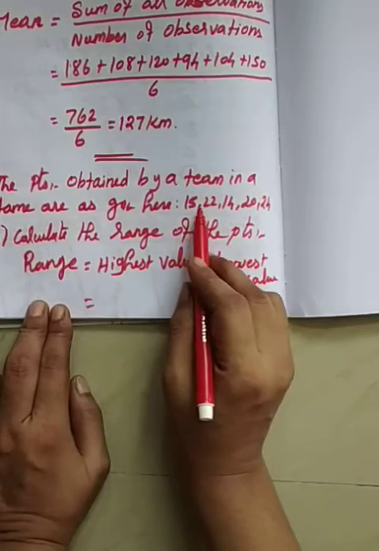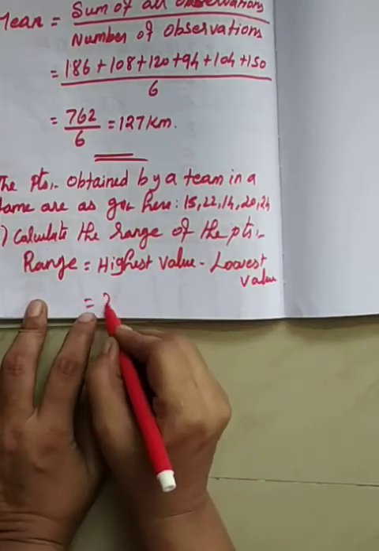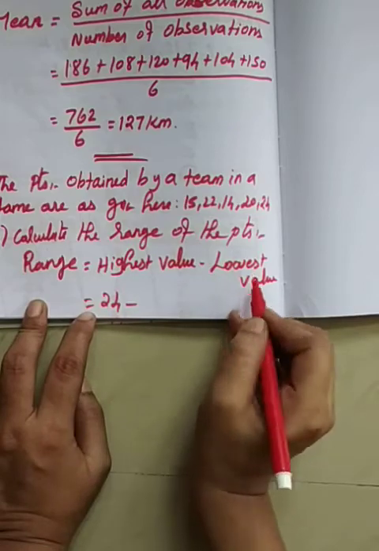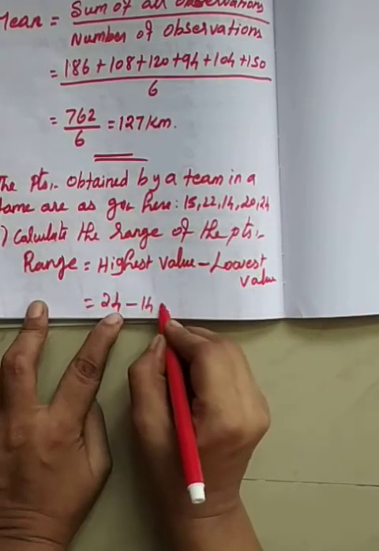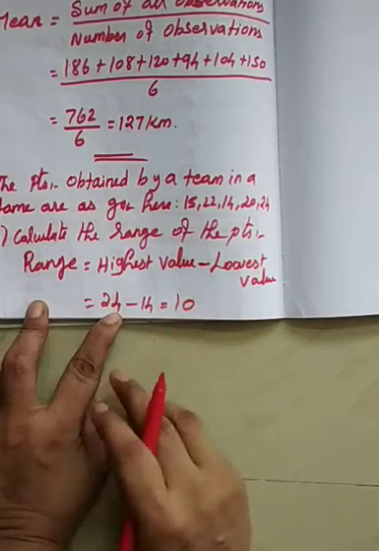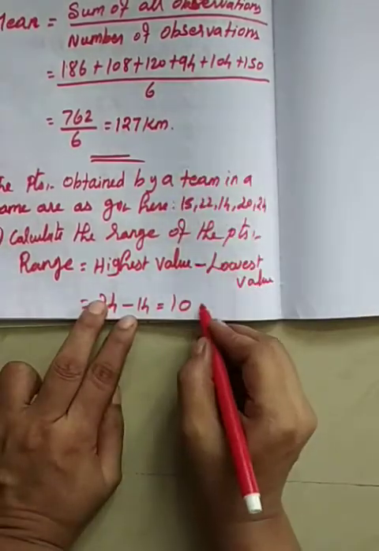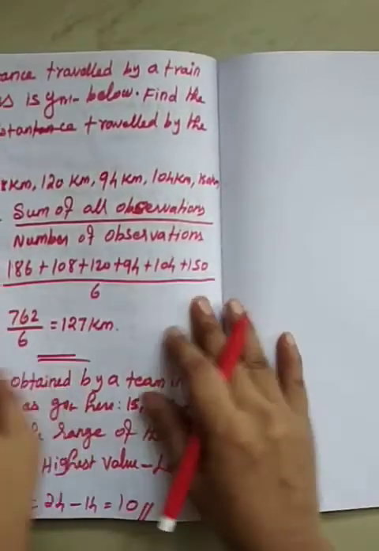Which one is the highest value? 24, minus lowest value, 14. What is 24 minus 14? 10. So range equal to 10. Clear?